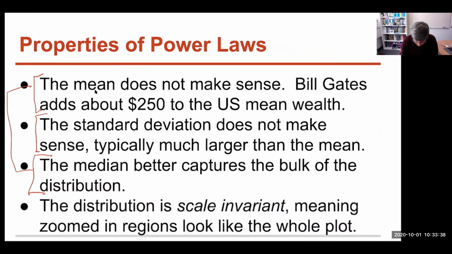What is the other property of a power law? It's always the case that when you double the number, the probability of the 2x most popular item is, let's say, half that of the x most popular item. The power law is what we call scale invariant, meaning when you zoom in, it looks just like the entire plot. That's kind of a weird thing.